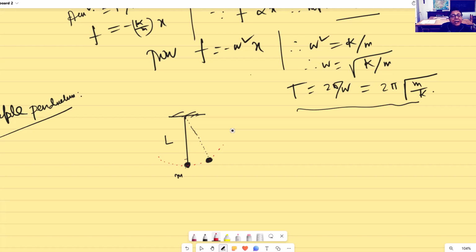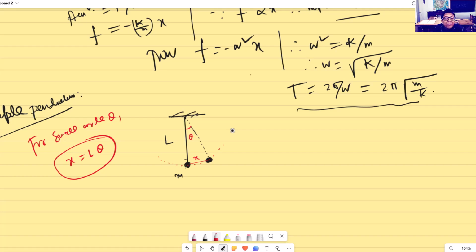If we say that this is the displacement angle theta and theta is small, then there is no difference between the arc length and this horizontal displacement. If this is equal to x, then for small angle theta, we can write x equal to L theta, that is, S equal to R theta.